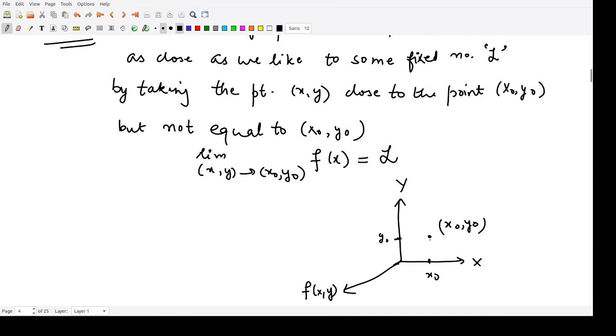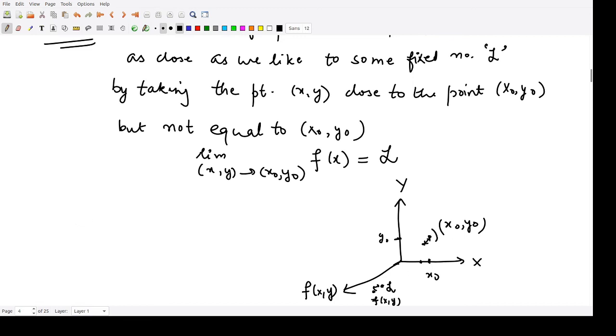Whenever you make the distance between the points very small, the value of the function f of x comma y should be very close to the value L here. If this is the case, we say the limit of the function exists.